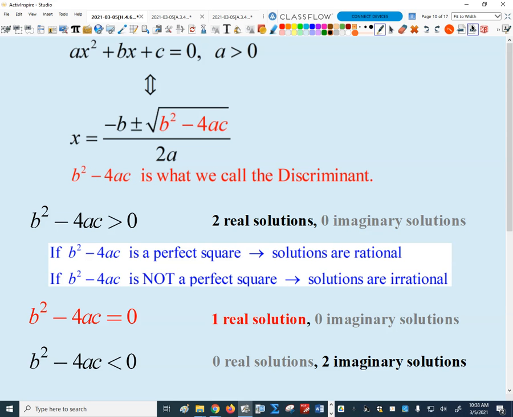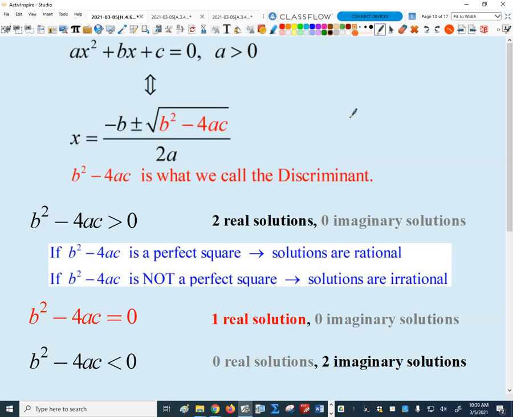The imaginary part is always going to be the result of having a negative number inside the square root. So we give that part of the quadratic formula that sits under the radical a special name. We call that the discriminant. And sometimes we will even assign that the capital D, which stands for discriminant.